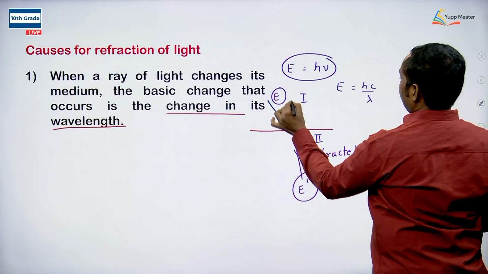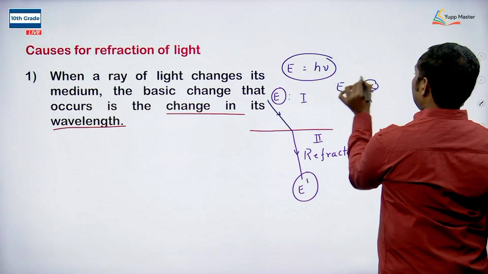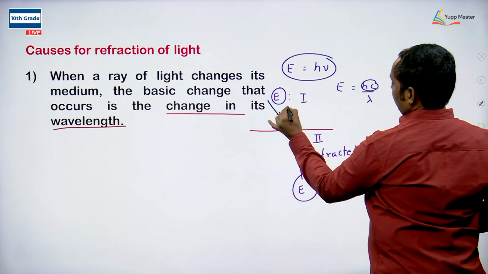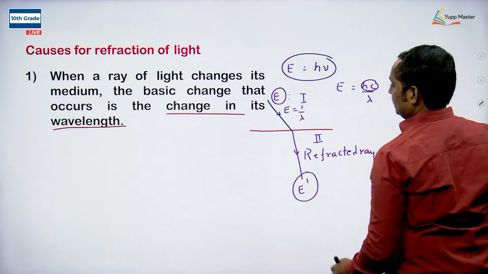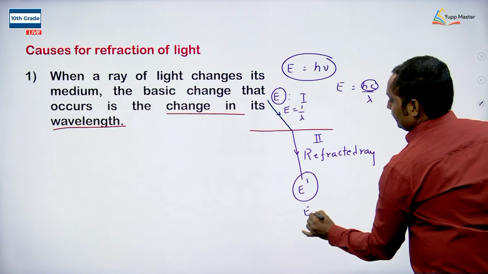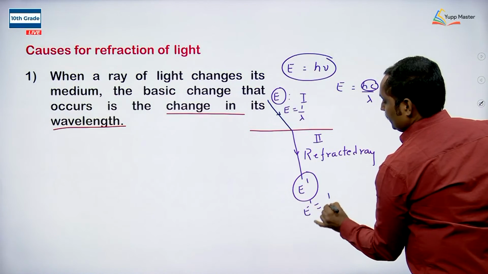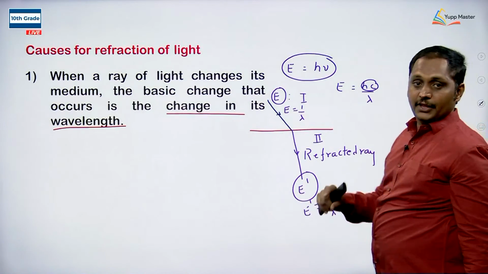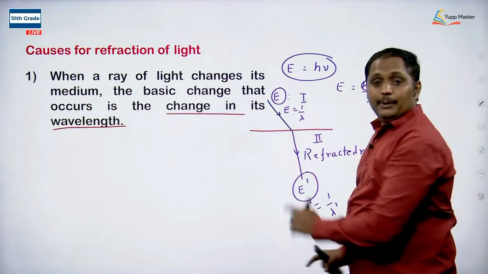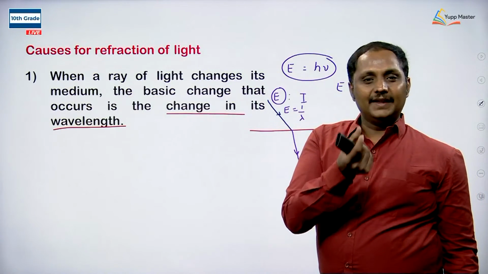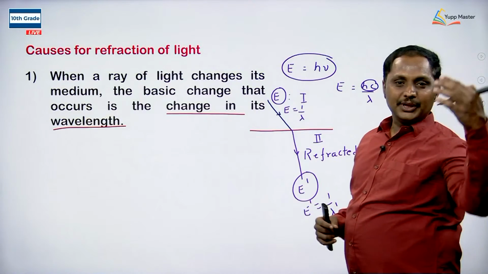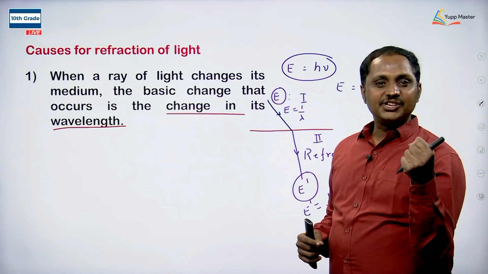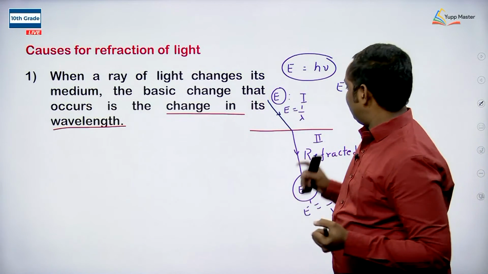Let us take h and c as constants. Then E is proportional to 1 by lambda, and E dash is proportional to 1 by lambda dash. As compared to E and E dash, one is lesser, some part of the energy. So, due to the refraction, some part of the energy has been lost.